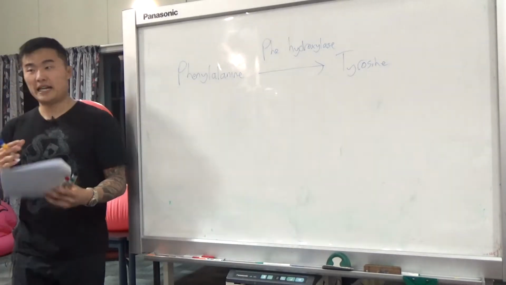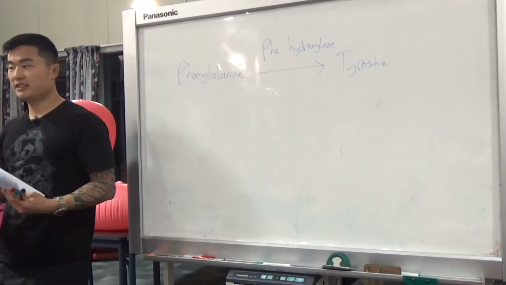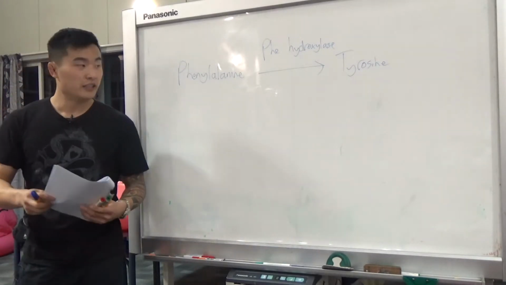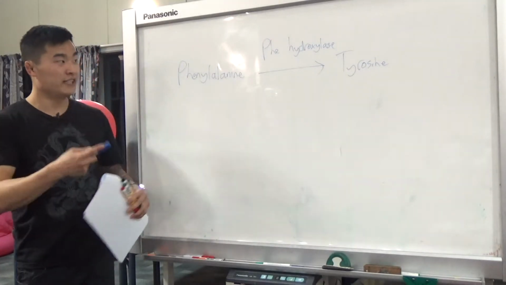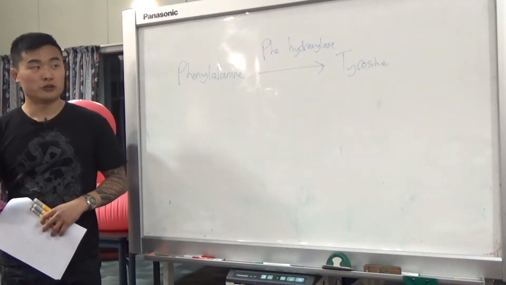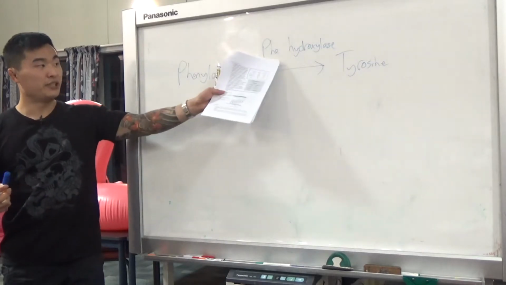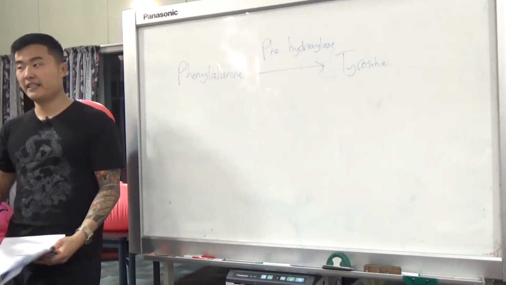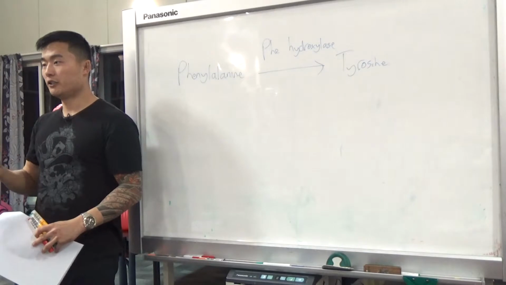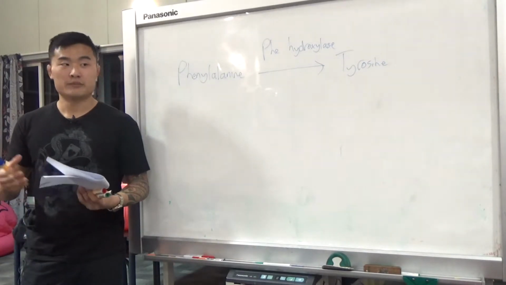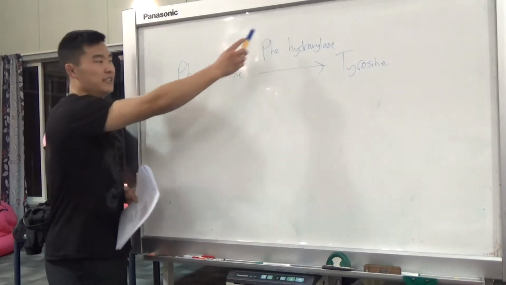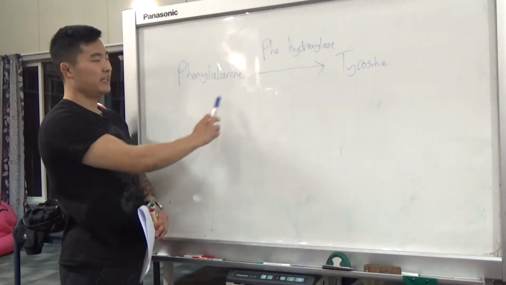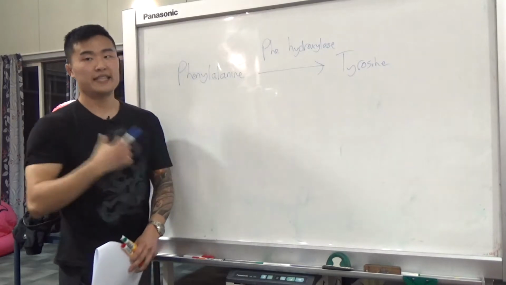But that being said, that also kind of depends on the environment. Okay, so if you're eating a normal diet and let's say you're heterozygous for this mutation and you have half the amount of protein, right? If you're eating a normal diet, you'll be fine because half the amount of this enzyme is enough to deal with the amount of phenylalanine that you're eating.